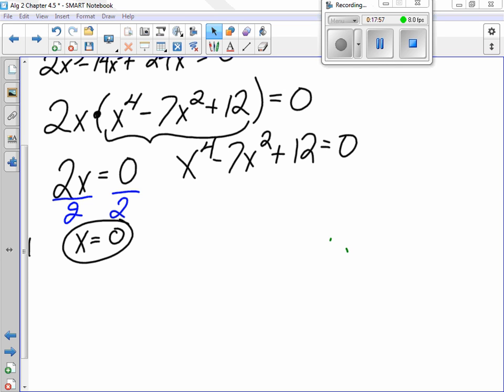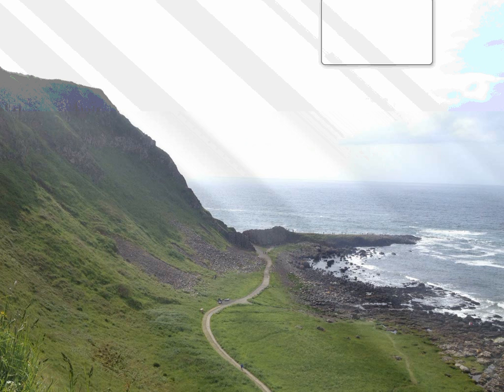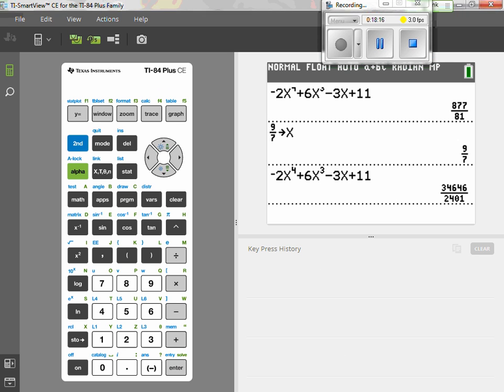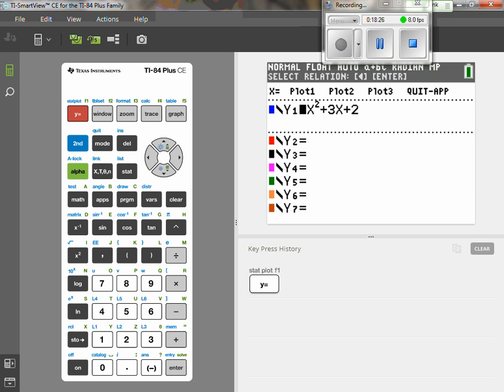So I want you to grab your graphing calculators, because that's what we're going to use them for. So what I want you to do is hit on the graphing calculator y equals.